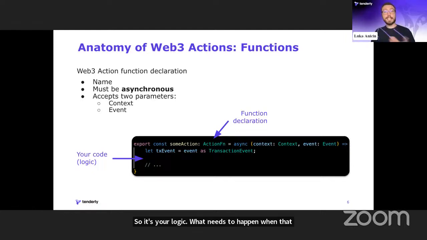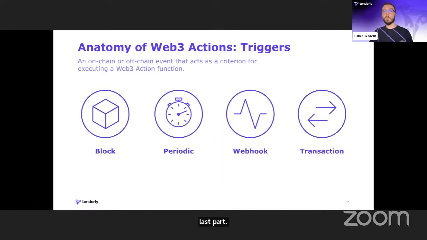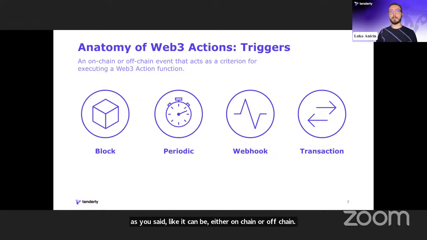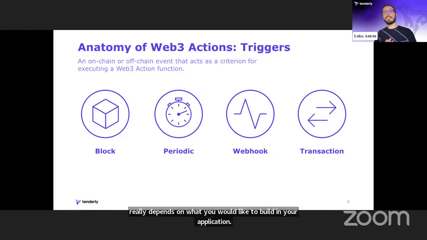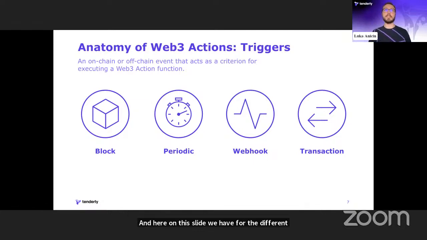And that brings us to the second and the last part of each of these functions, which is when. We call these triggers. Triggers can have multiple sources, as I said, it can be either on-chain or off-chain. It really depends on what you would like to build in your application. And here on this slide, we have 4 different types of these events. Starting from the left, we have the block event or block trigger.